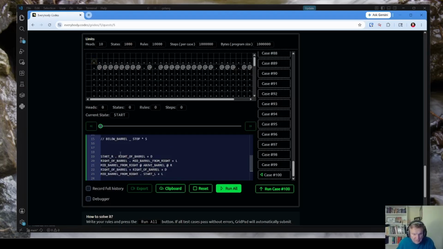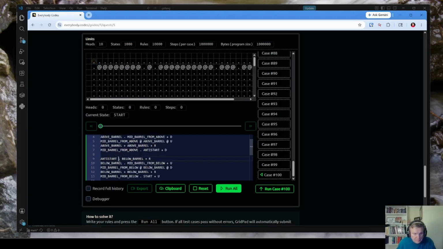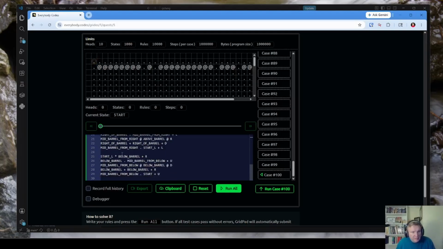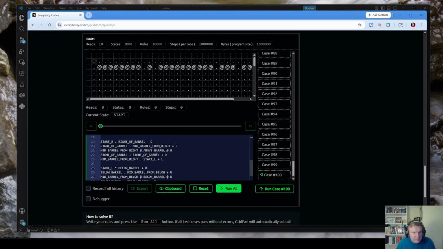Okay, that has to be true. Yeah, anti-start and start, they can't actually care about their things. Start R goes to right of barrel.